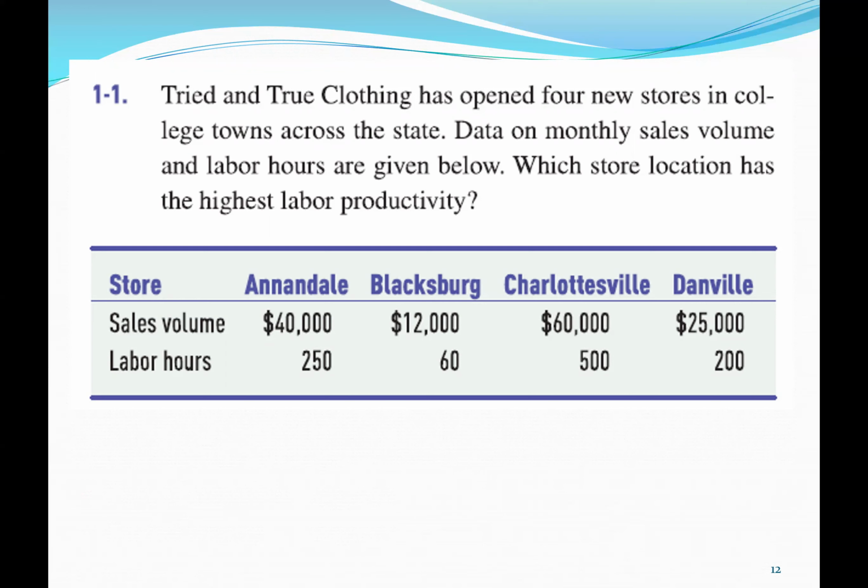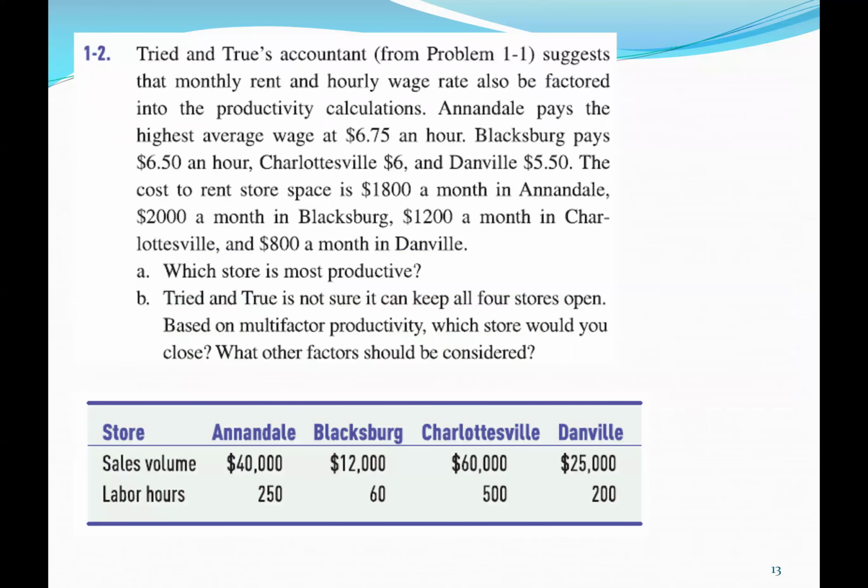Tried and True Clothing has opened 4 new stores in college towns across the state. Data on monthly sales volume and labor hours are given below. Tried and True accountants suggest that monthly rent and hourly wage rate also be factored in the productivity calculations.